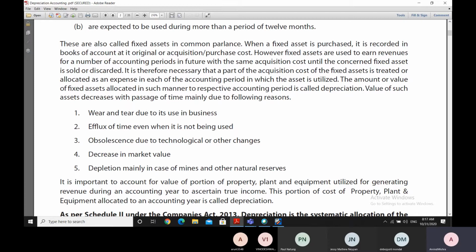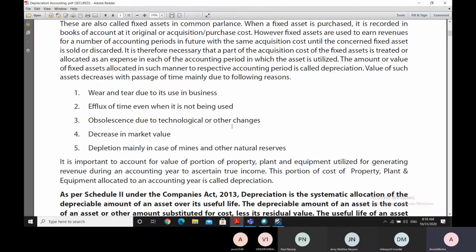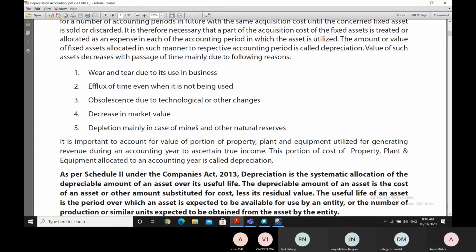The third reason why the value may reduce is that technology may change and our machine may belong to an older technology, and therefore it will become obsolete. It will no longer be required by the market to the extent that it was found useful earlier, because new technological changes have led to preference for different machines or equipment as compared to our equipment. So these are the three reasons.